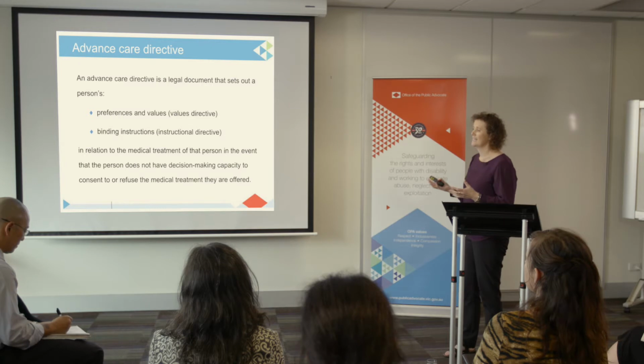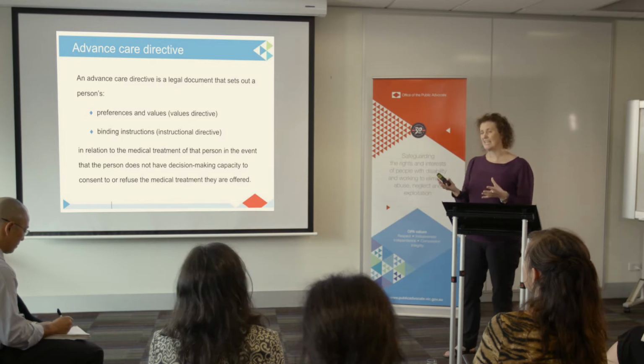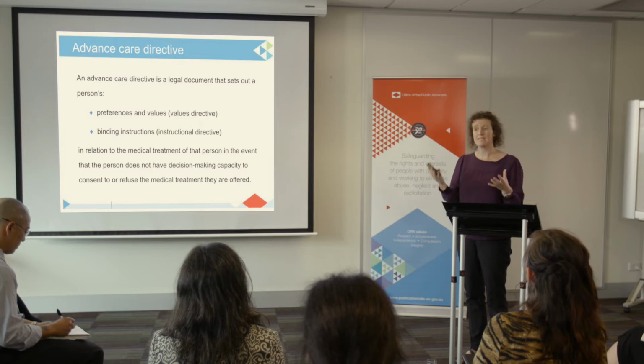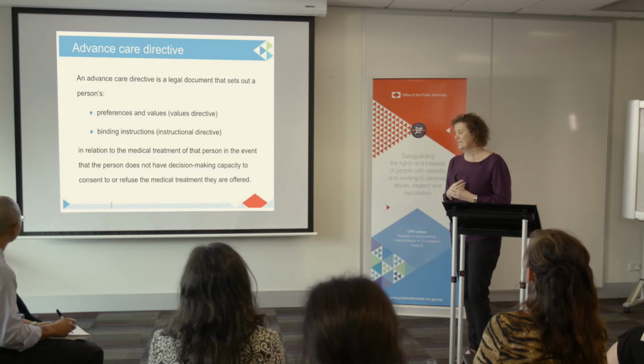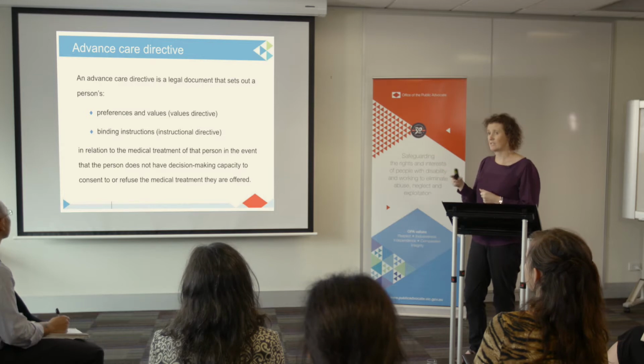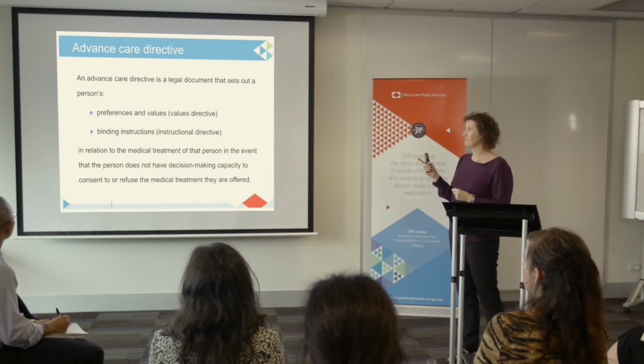So, an advanced care directive, and we need to think here about our language, because the language of advanced care plan is quite familiar out in the community, and we may have heard of also end of life document, goals of care document. They're all indicating advanced care planning, but an advanced care directive is very distinct because it is a legal document.